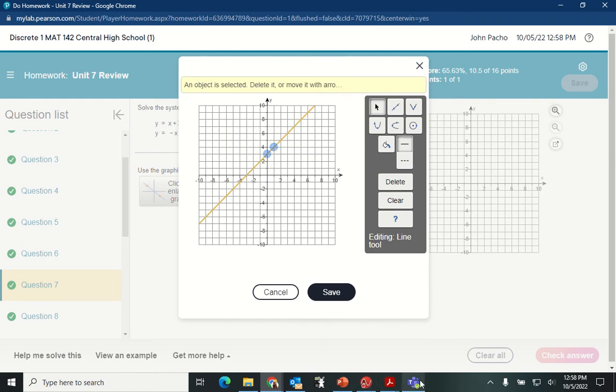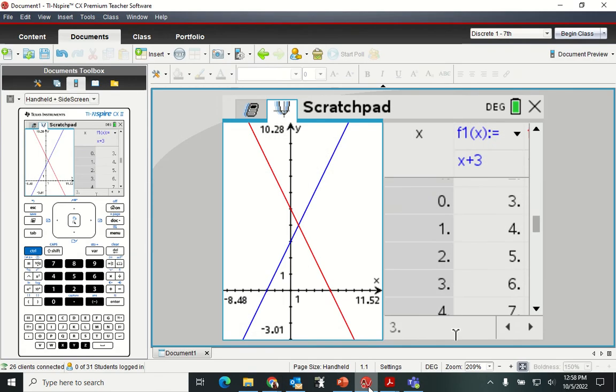Now my second line is the red one. To find the red one, just hit arrow over once. And look, it comes up even red on my calculator. So it's going to be 0, 5, and 1, 4.